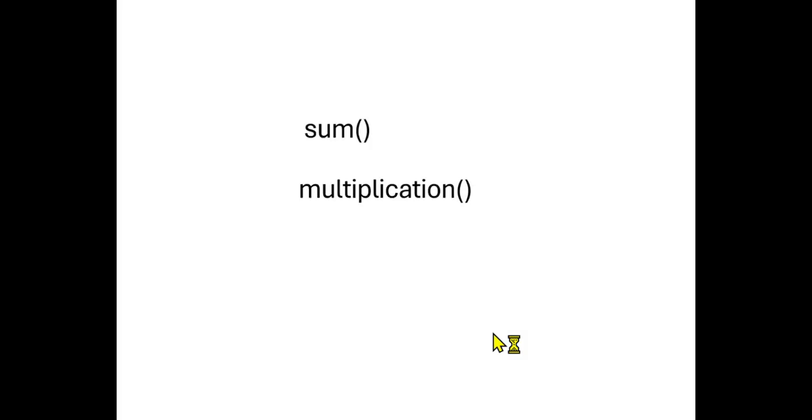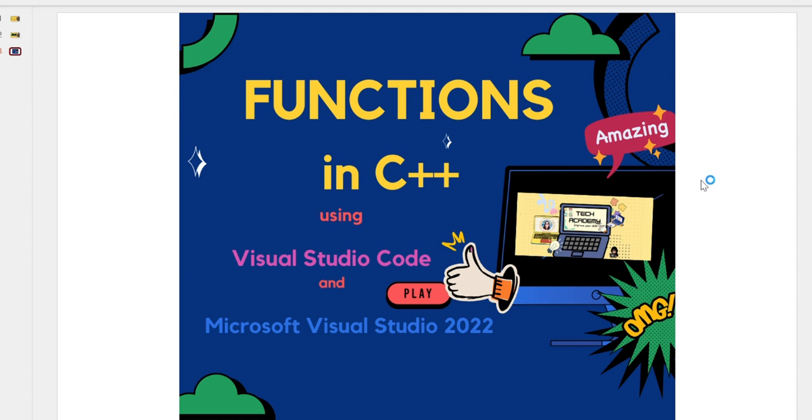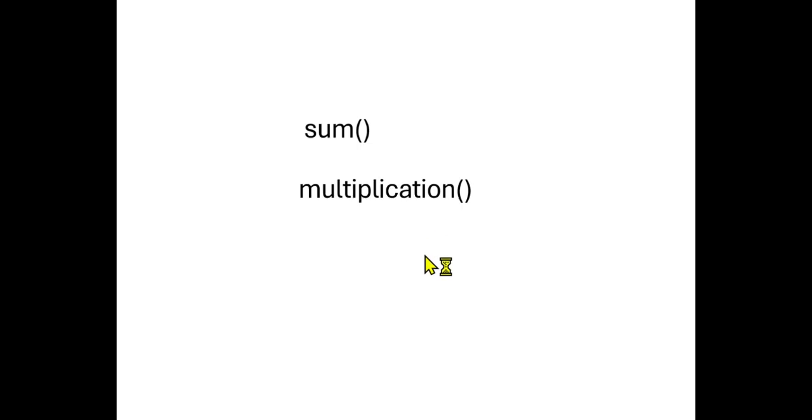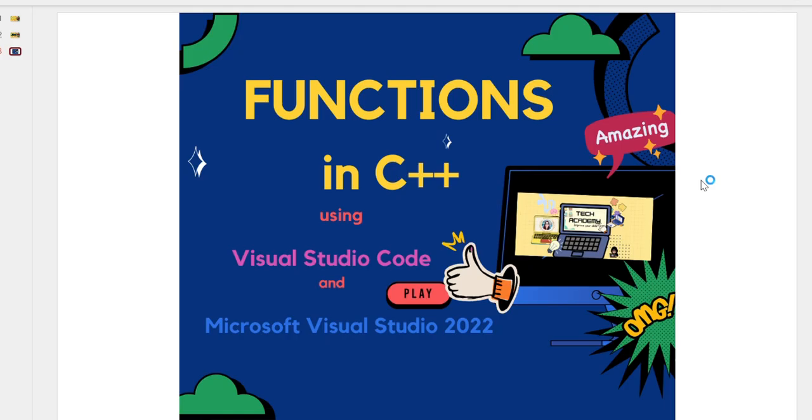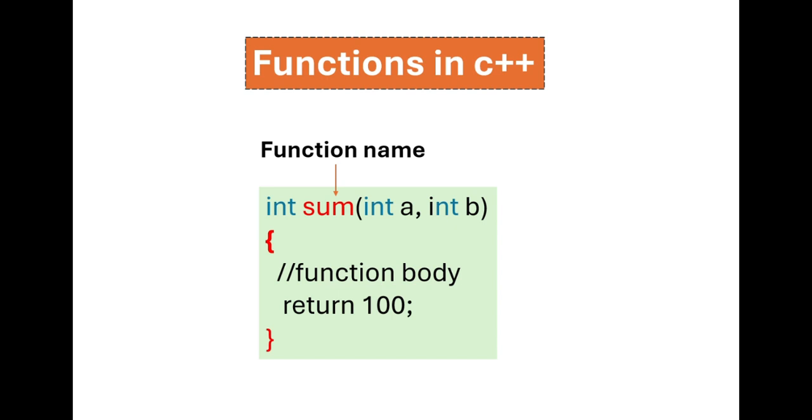Suppose, for example, we want to write a program in which we are calculating the sum of two numbers, and also the multiplication of these two numbers. What we have to do as a programmer is write two functions. The first function does the sum of these two numbers, and the second function multiplies these two numbers.